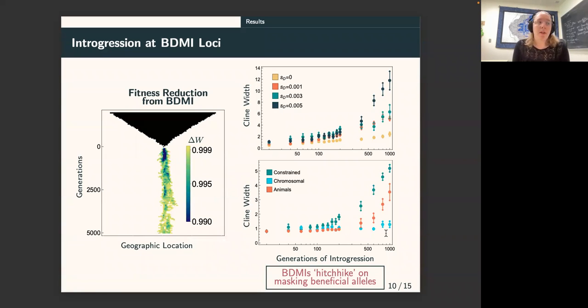So not only does it depend on the overall rate of recombination, but the more unevenly recombination is distributed across the chromosome, the more these BDMIs are able to hitchhike with these masked recessive deleterious alleles, and the more the speciation will be prevented.